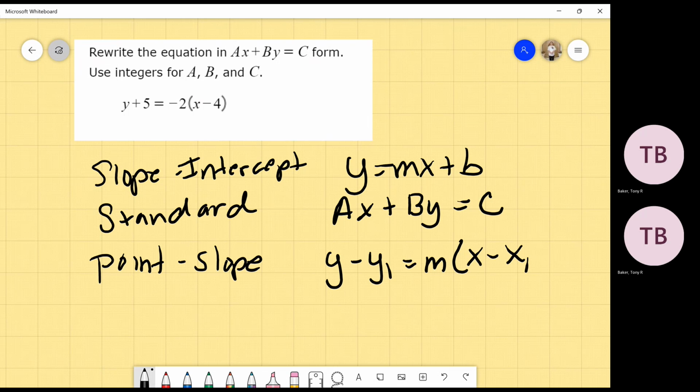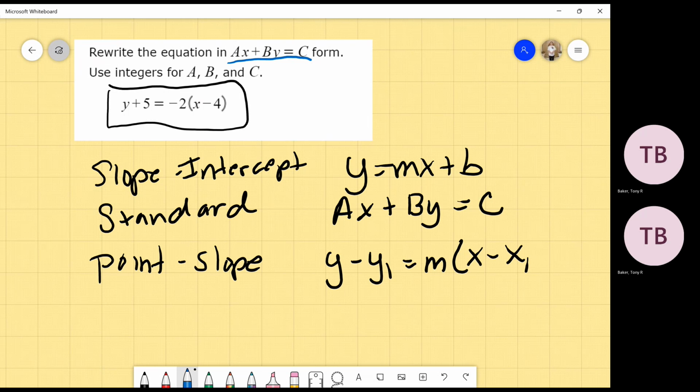So, no, that wasn't what this question is asking. I was asking a question that it wasn't actually asking. I wanted you to notice that it was in the point slope format. What they wanted is standard form. So we've got to take it and move it over to the other format.